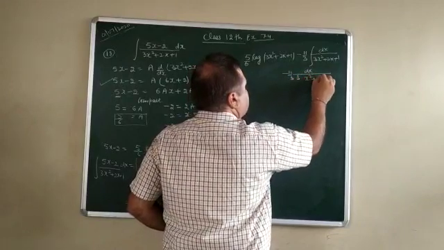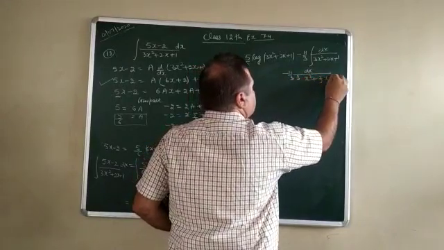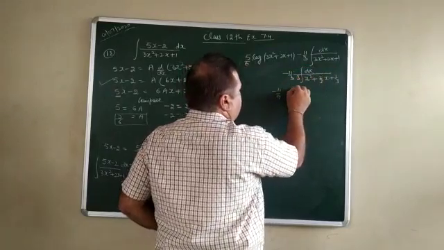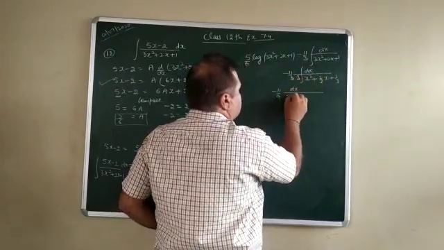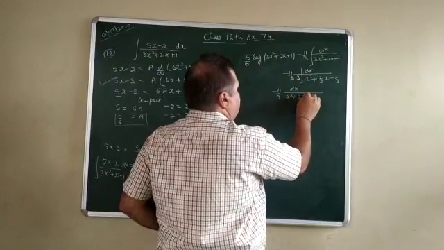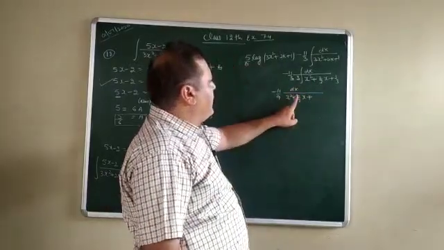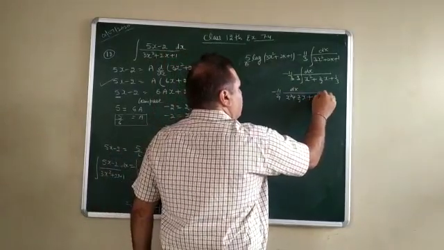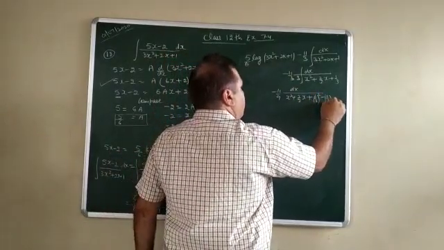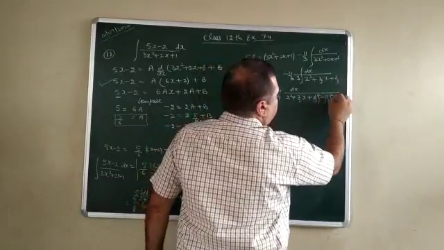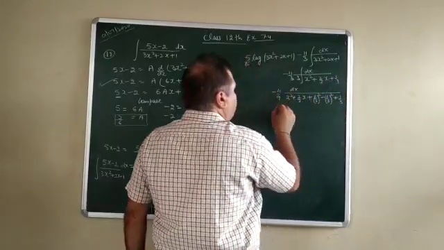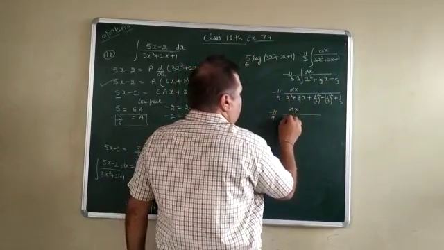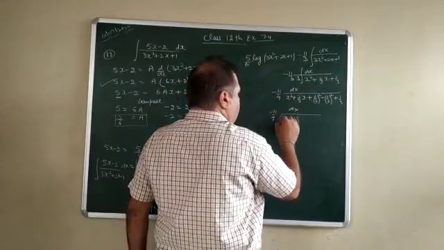Minus 11 by 3 dx, taking 3 common from the coefficient of x square. What is left? X square plus 2 by 3x plus 1 by 3, so minus 11 by 9 dx upon x square plus 2 by 3x plus half of 2 by 3, which is 1 by 3. Add 1 by 3 square, subtract 1 by 3 square, plus 1 by 3. Now minus 11 by 9 dx upon x plus 1 by 3 square.